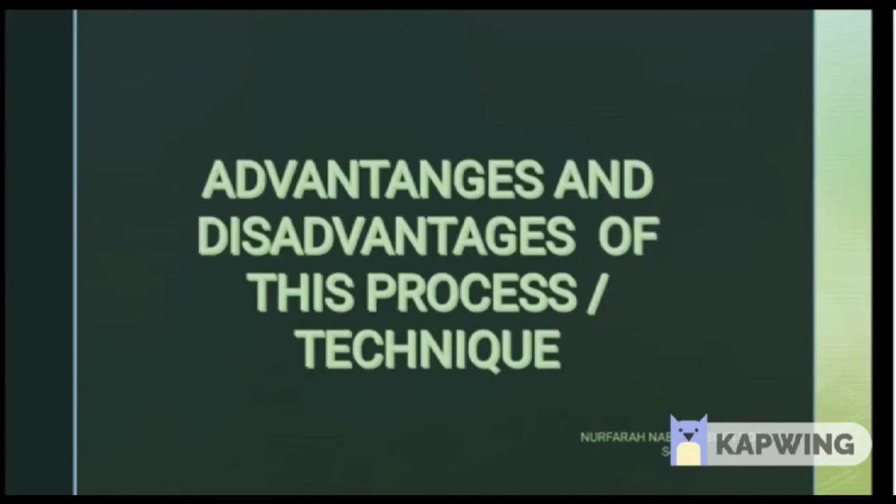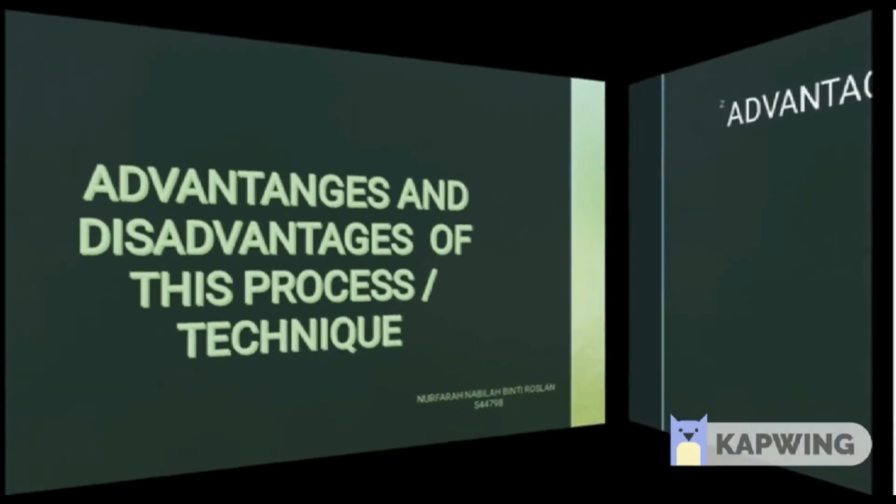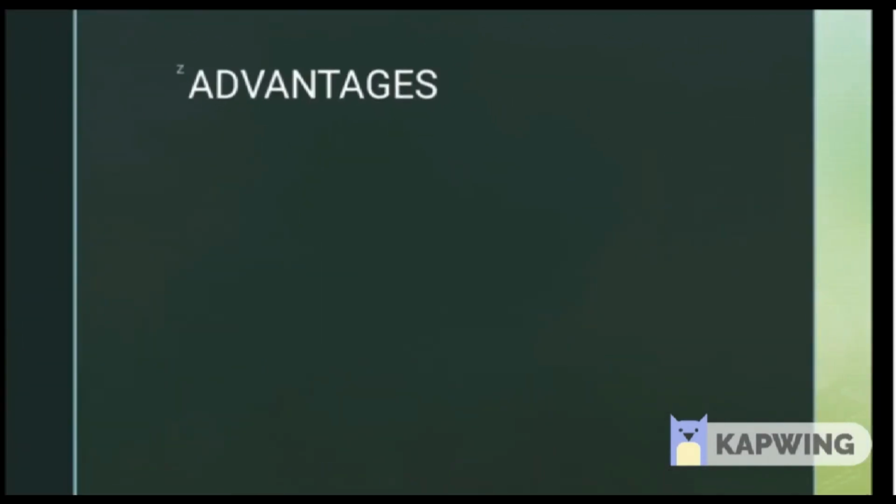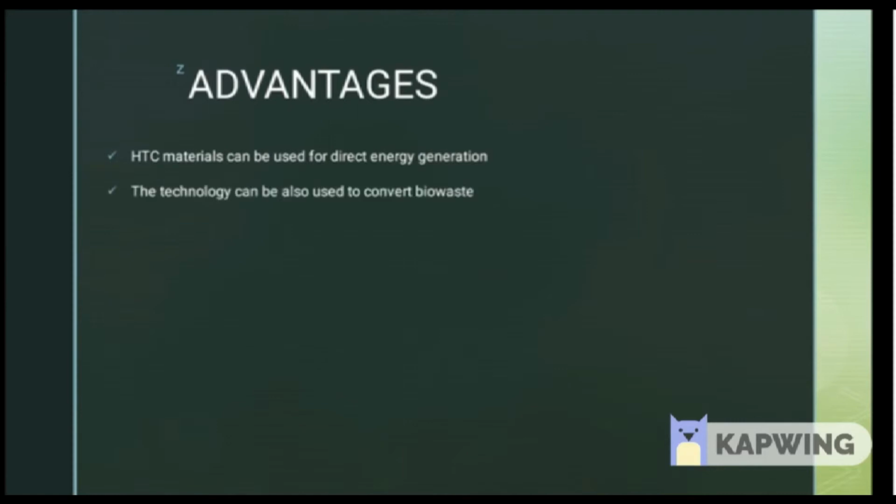I will explain more about the advantages and disadvantages of the hydrothermal carbonization process. For the advantages, first, HTC material can be used for direct energy generation, for example, biocoal for decentralized energy application.